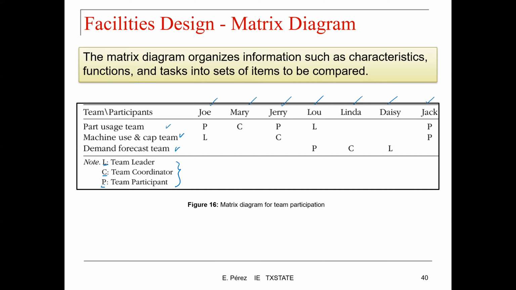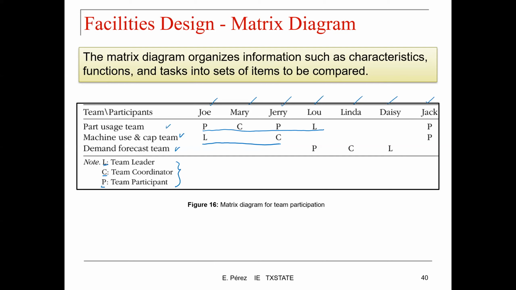So for example, here, for the parts usage team, we have these 4 people participating, in which Lou is the leader. And then for the machine use and capability team, Joe becomes the leader. Joe was also a participant in the previous team.